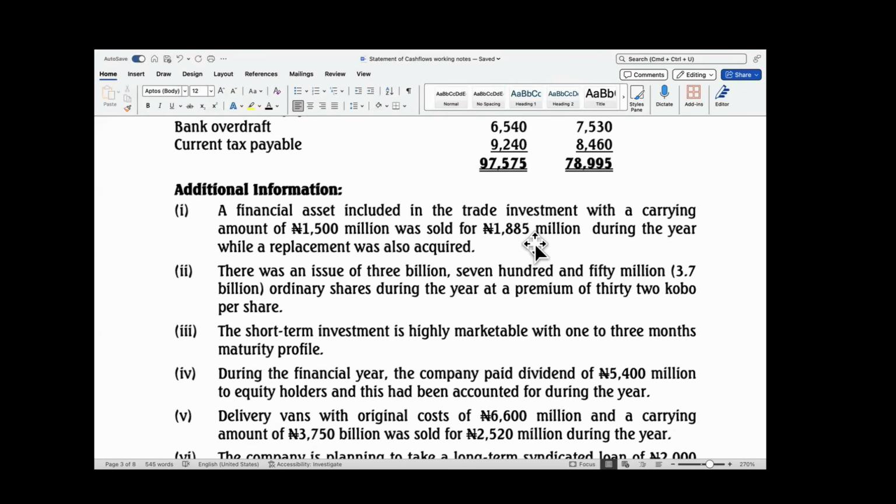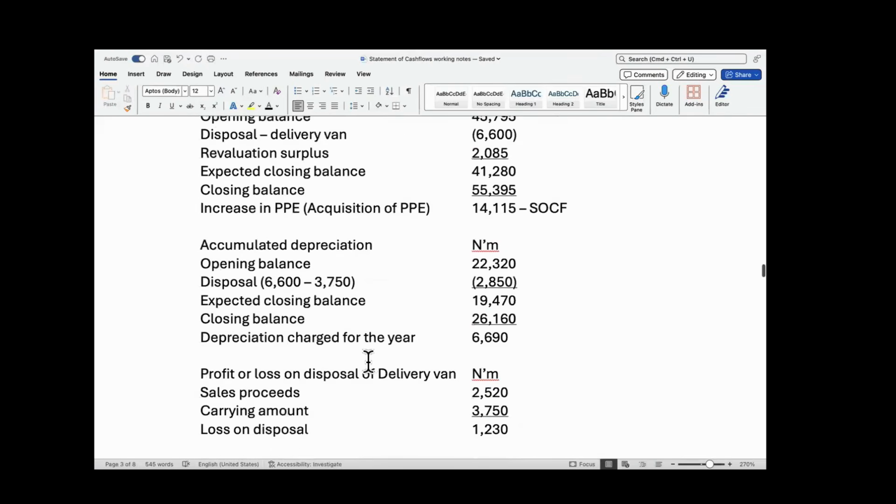If I may ask you, which of these two am I going to deduct in that schedule? Is it the carrying amount or the sales proceeds? The carrying amount. Fantastic. That's absolutely correct. Sales proceeds will go to cash flow, but for our movement's sake, it is 1.5 million, which is the carrying amount.